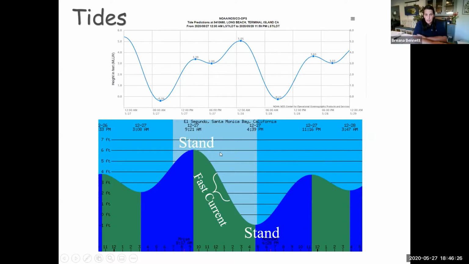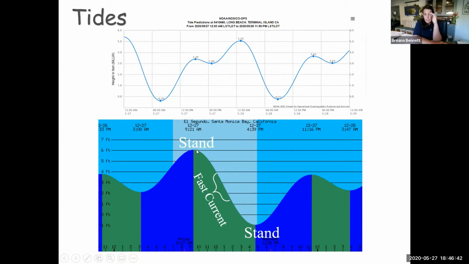This one's Santa Monica. So you have the stand where it stalls. This is tide, right? So we're changing in feet height of the water.